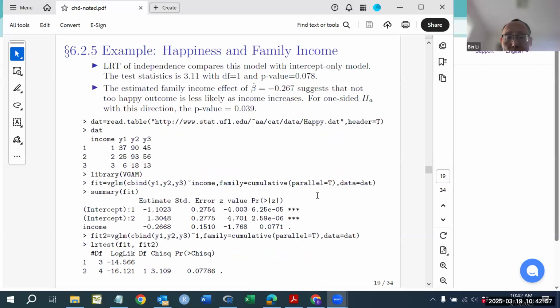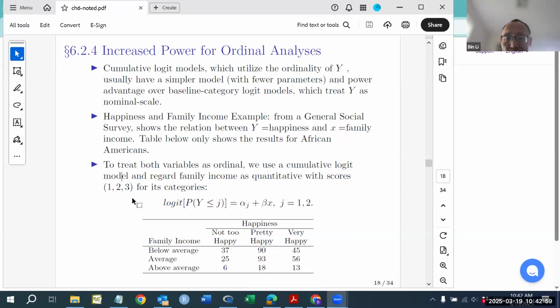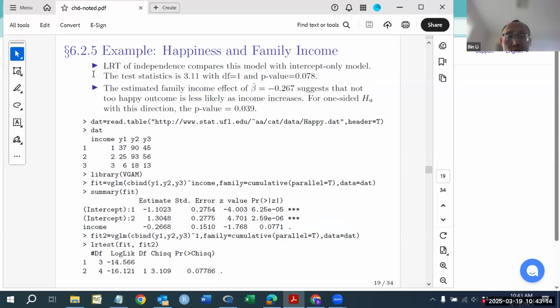So we can fit this one that treats the Y as ordinal. That's the proportional odds logit model, a cumulative logit model. This is the data, so we fit the proportional odds cumulative logit model.